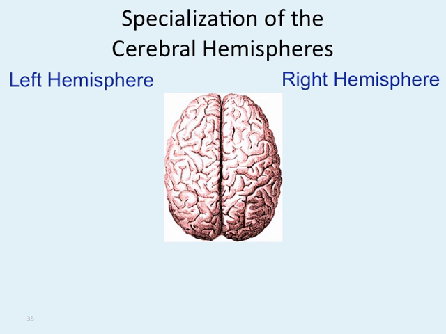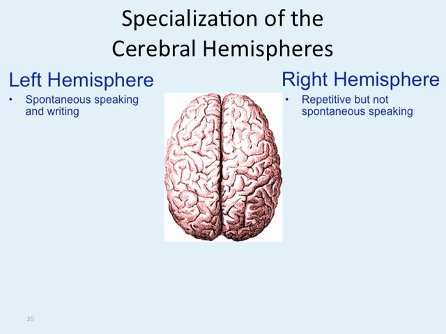So what do our left and right hemispheres do on their own? The left hemisphere does spontaneous speaking and writing. Overwhelmingly, the left hemisphere is more creative. The right hemisphere is more structured, more repetitive. The right hemisphere, when it comes to speaking, is repetitive but not spontaneous.